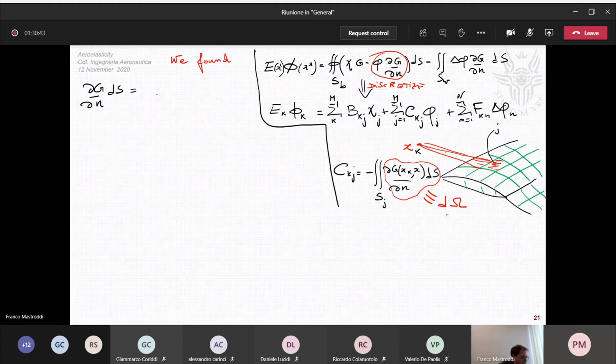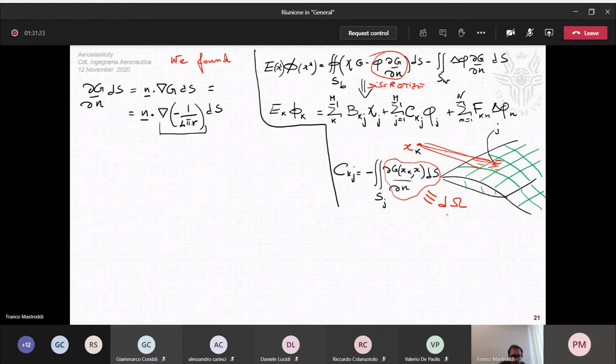Okay, this quantity is equal to, what about dG in the n? dG in the n is the product between the normal and the gradient of G, the gradient of G in the S. But the gradient of G is the gradient of minus 1 divided by 4 pi r. Yes. Okay. Now, what about the gradient?